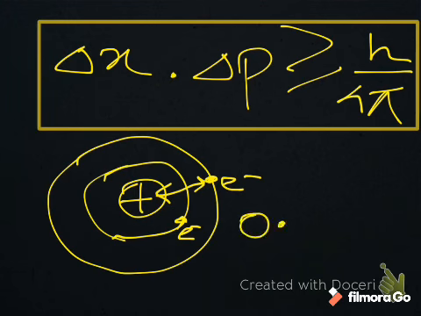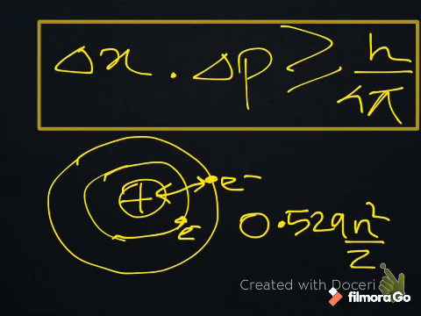For example, by using this formula, 0.529 n square by z angstrom, we can calculate the radius of the orbit of the electron, which also means that we can know the position of the electron.